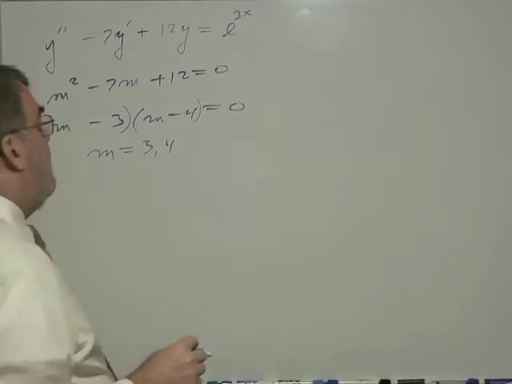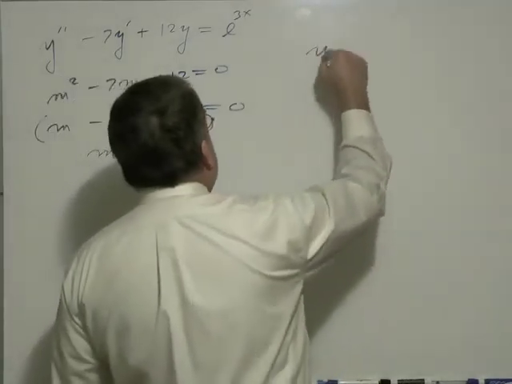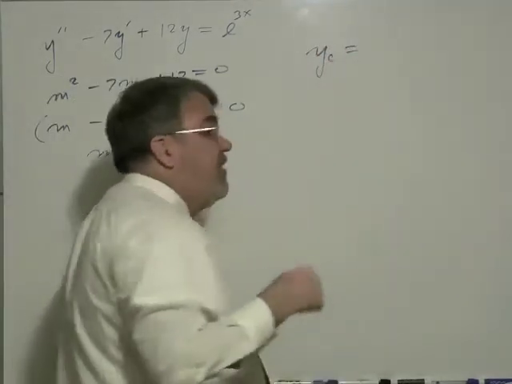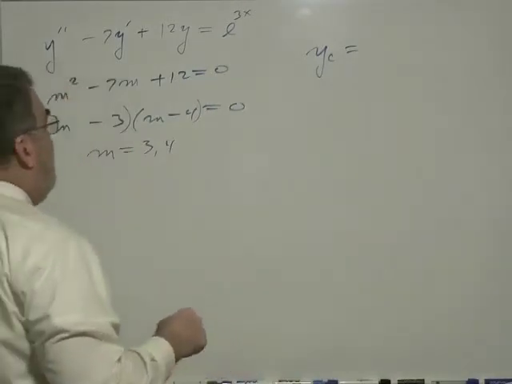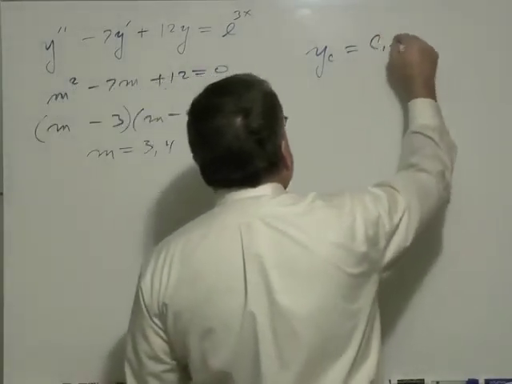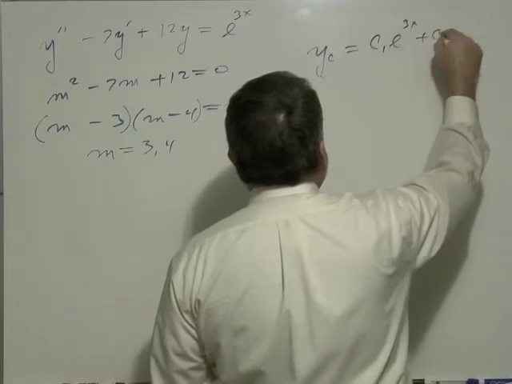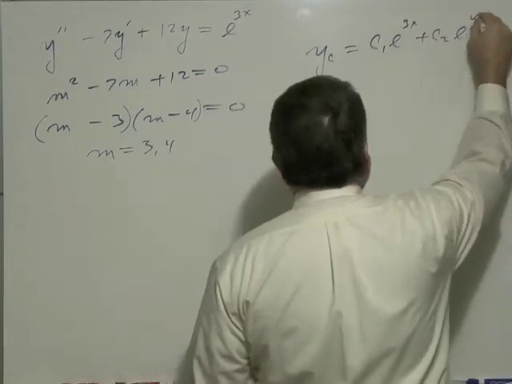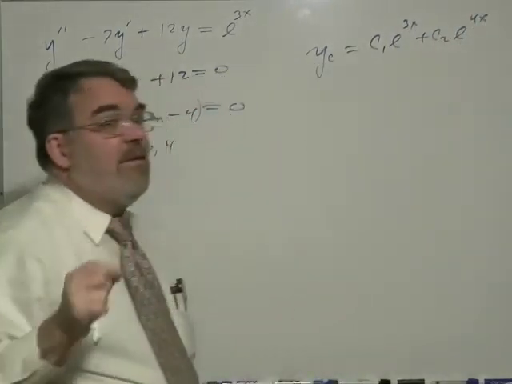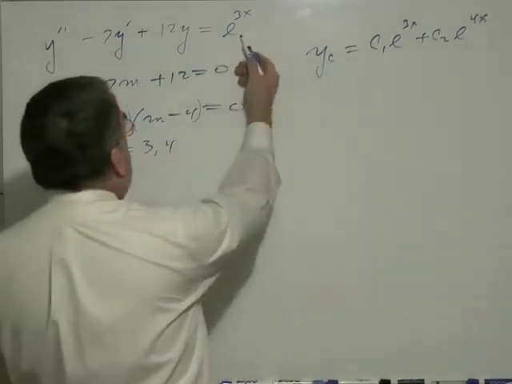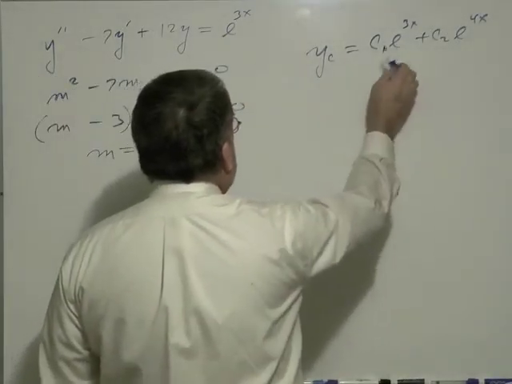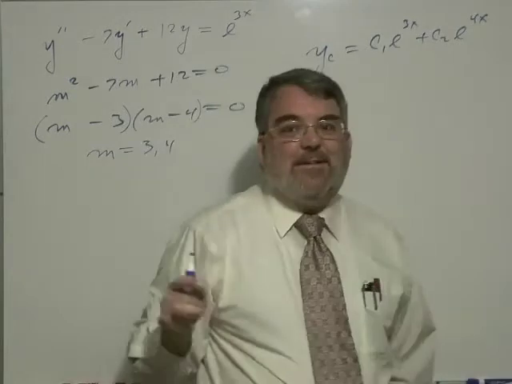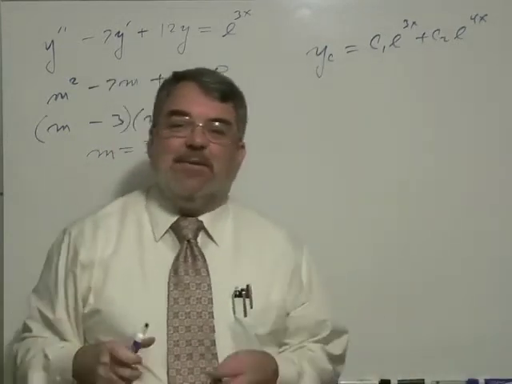So it means that the complementary solution is going to be c1 e to the 3x plus c2 e to the 4x. And so now we see the problem, because the right-hand side of this equation is e to the 3x, and I already have e to the 3x in my complementary solution.